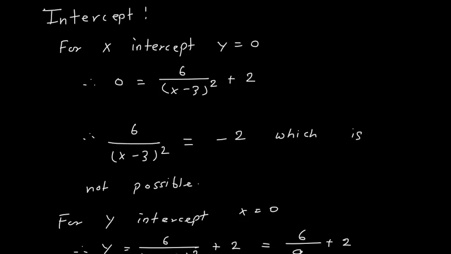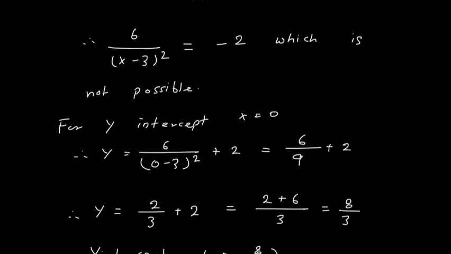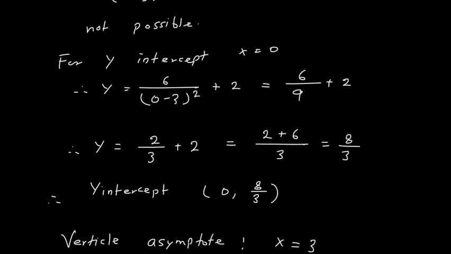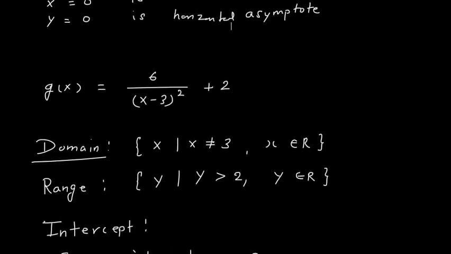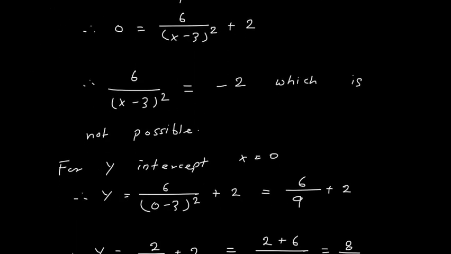So there is no x intercept. Now for y intercept we put x equal to 0, so I will get y as 8 by 3, so the y intercept is (0, 8/3). Now you can use the graphical calculator and graph this function and find out these intercepts.